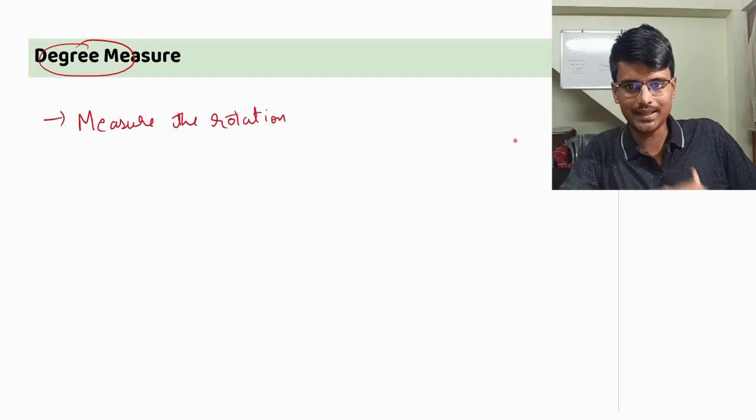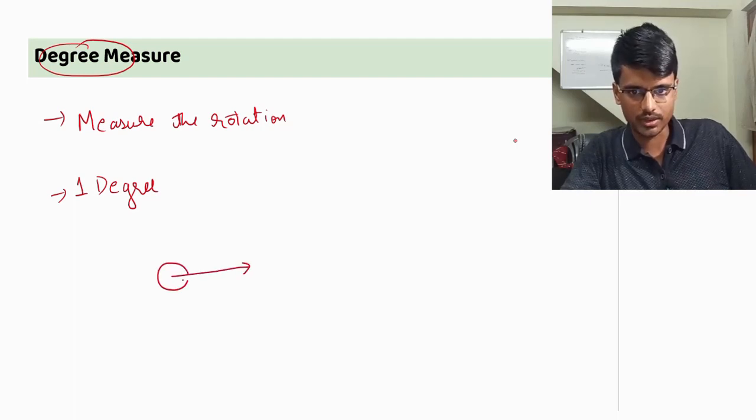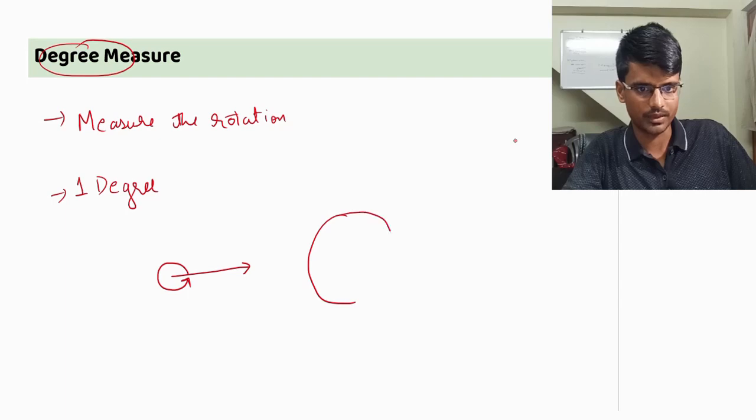So what is 1 degree? If I make a complete rotation from here to here, let's imagine a circle. It becomes easier. If I divide this circle into 360 parts, like this I'm dividing.